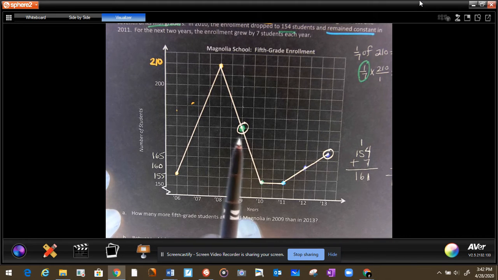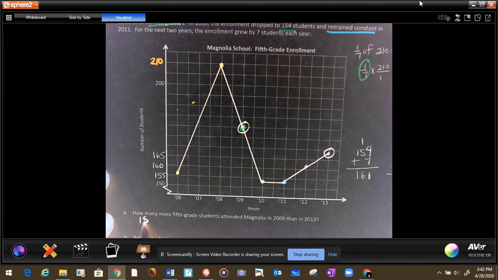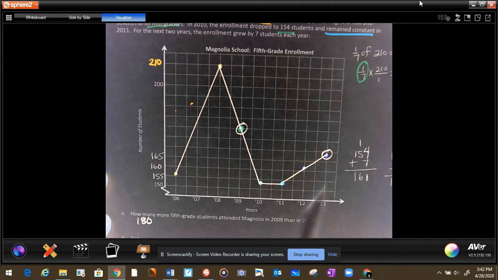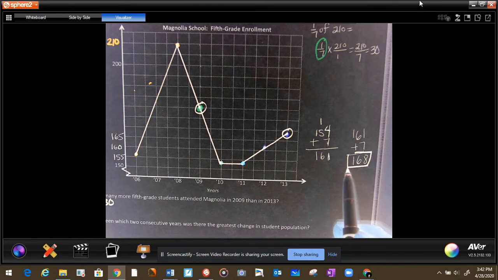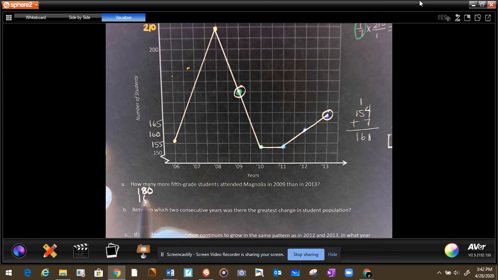And 2009 is 180 minus this. We already found out how much that one was, 168. We're gonna subtract those two numbers, and the difference is 12. 180 minus 168.